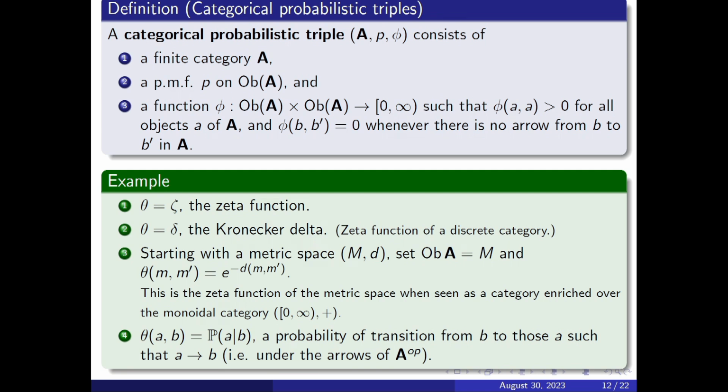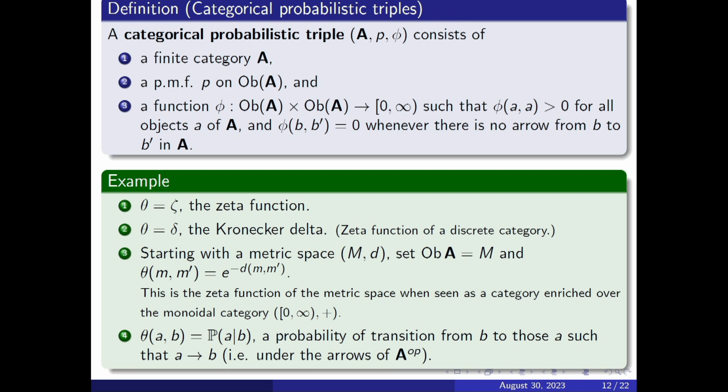But now there is this new ingredient, which is a function that goes from the product of A with itself to the positive numbers, that assigns a positive number to every pair on the diagonal, and that is 0 whenever there are no arrows from B to B prime. So for example, the zeta function that we introduced before is a function like that.